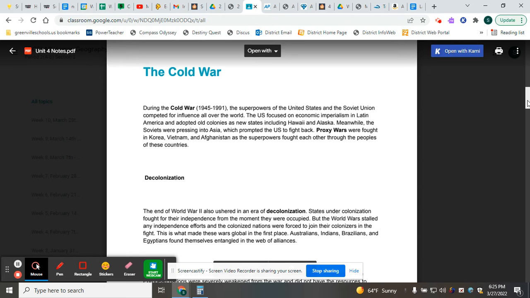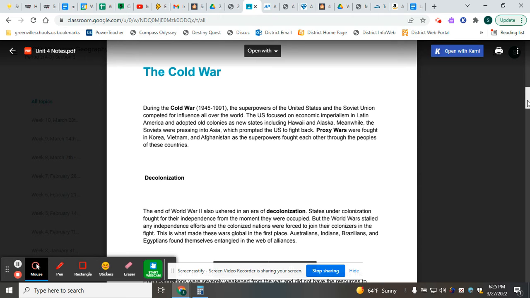We in America like to refer to them as puppet states. What a puppet state during the Cold War was, was an Eastern European country like Poland that was quote unquote independent, but was led by a communist government who took its orders from Moscow. Moscow being the capital of the Soviet Union at the time.